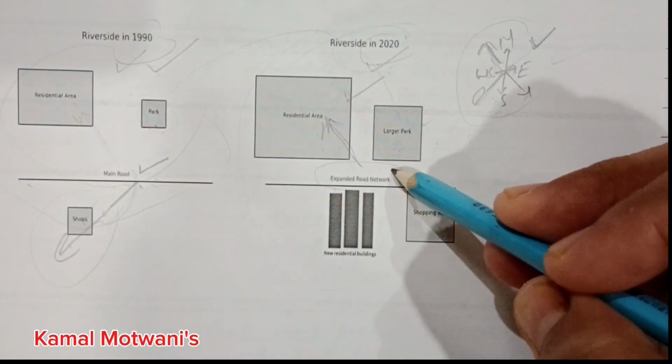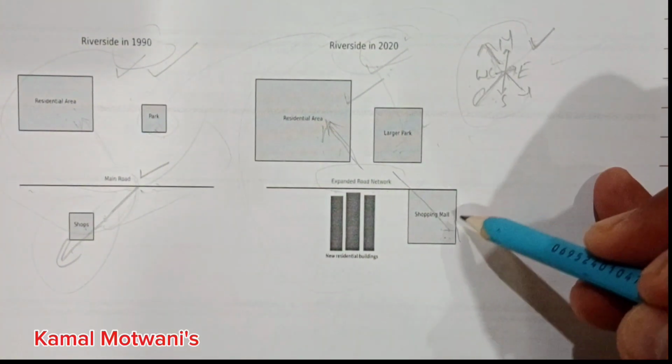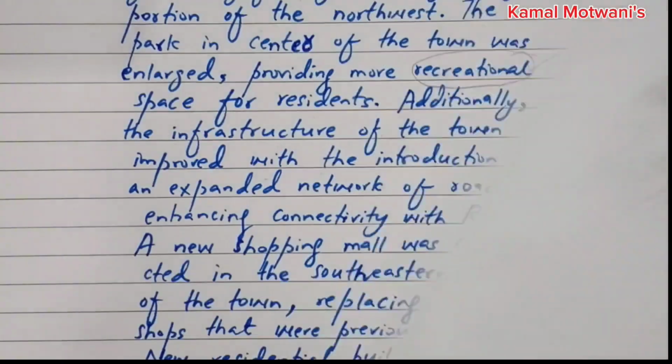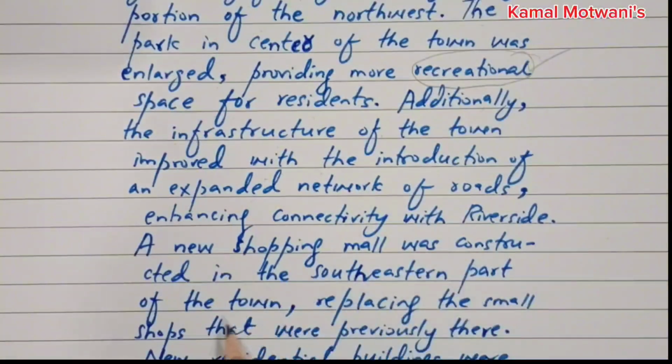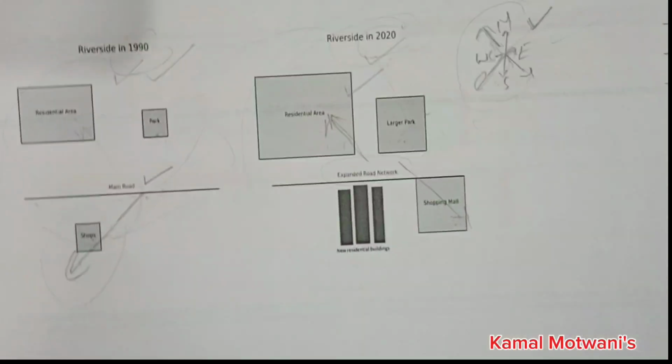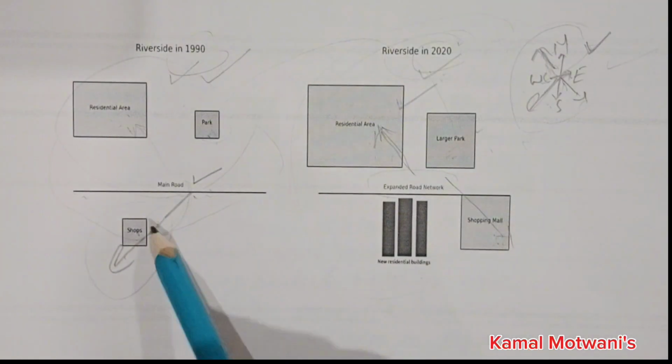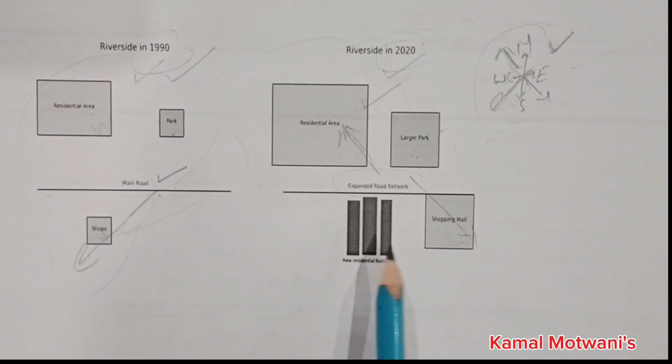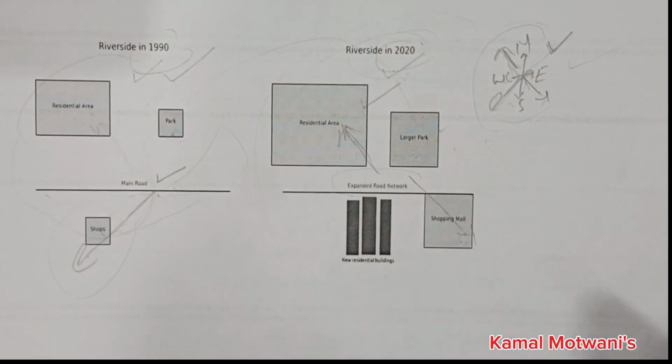You see, this is the southeastern part of the town, replacing the small shops that were previously there, that I have already shown you. Let me show you again. Already there were small shops, but in 2020 there is a big shopping mall.